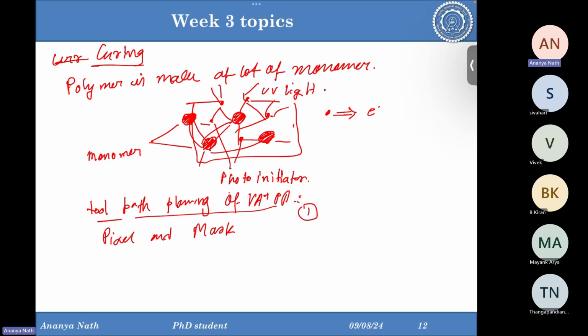For one example, there is one VAT photopolymerization technique which is called LCD based DLP technique. DLP is digital light processing, and there is one process called LCD based DLP.